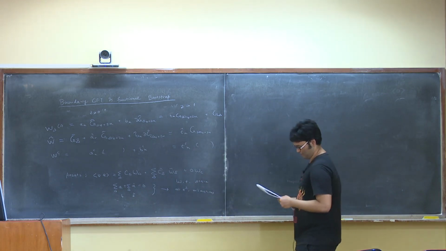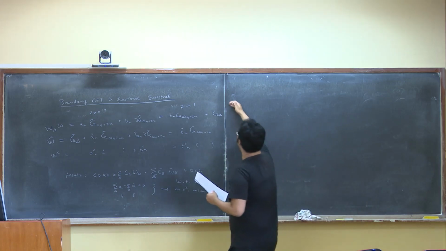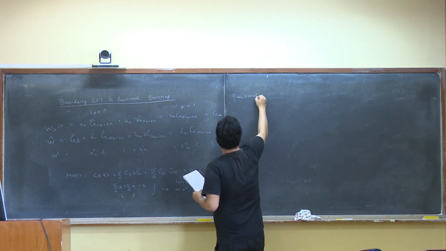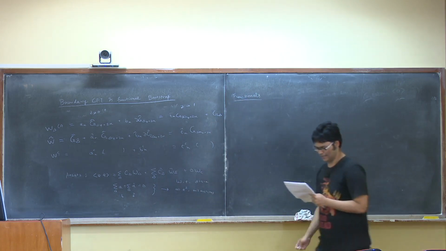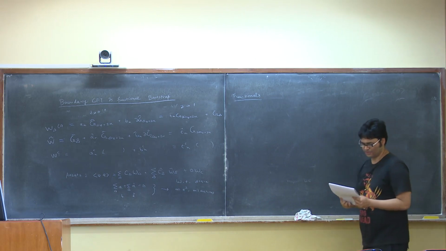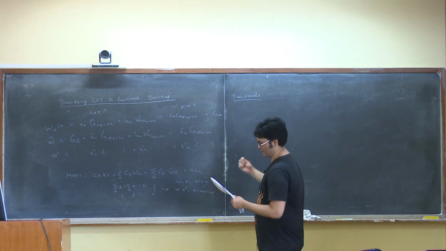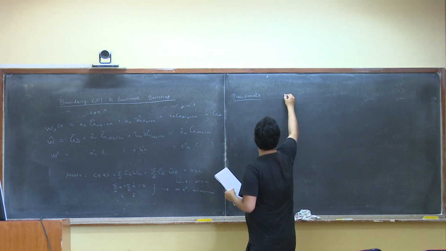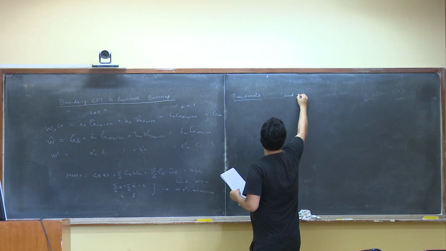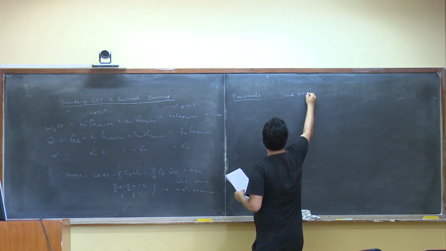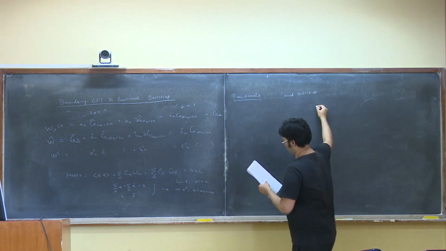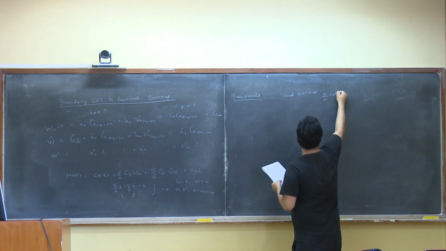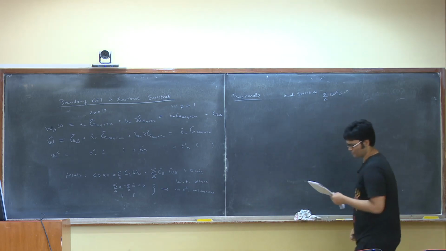Okay. So now comes the last part, which is the idea of functionals. So the idea of functionals is the following. Suppose you have the usual bootstrap equation, which is a sum over C of delta f of delta equal to 0.